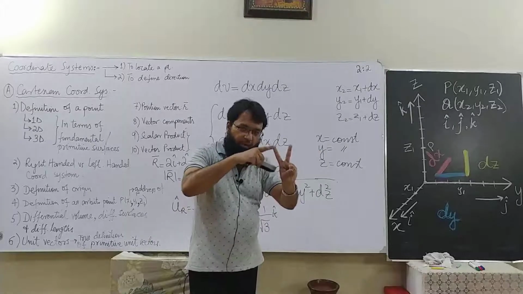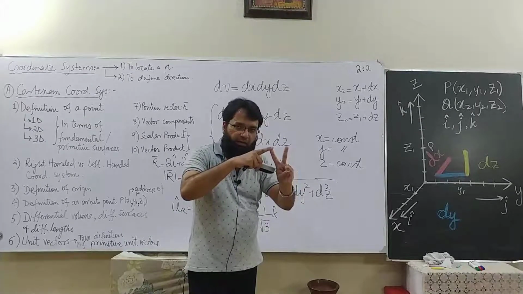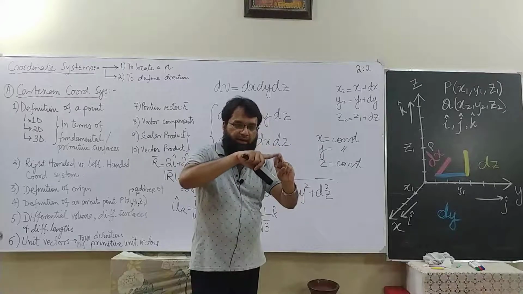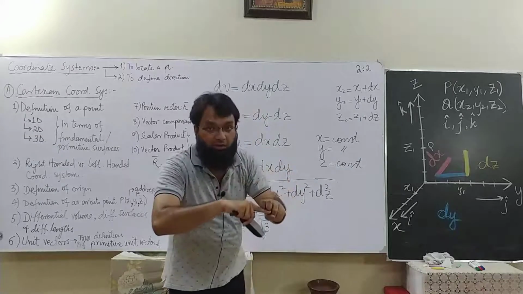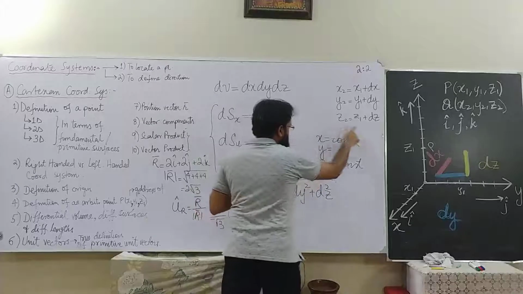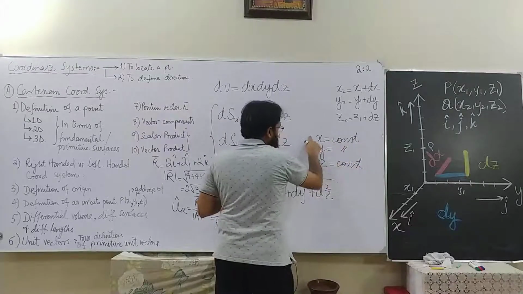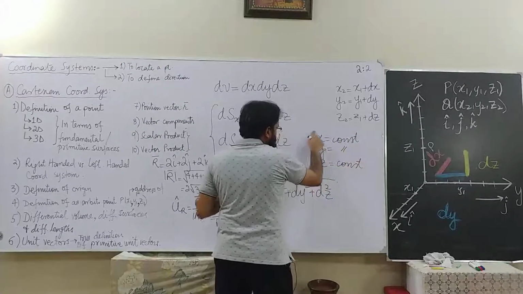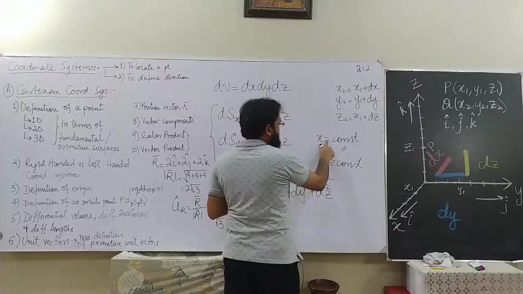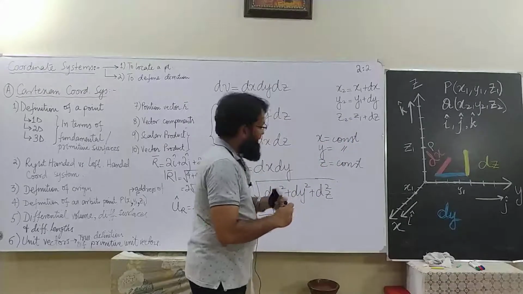They are always perpendicular to their respective fundamental shape, and they are always pointing in the direction of increasing values of the coordinate. So for this fundamental shape, if I want to define a primitive unit vector, it should always be perpendicular to x equals constant, and always point in the direction of increasing values of x.